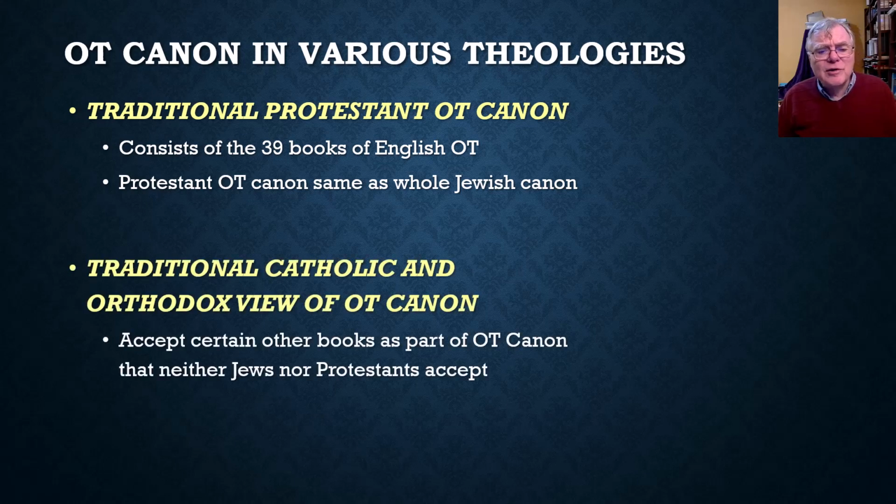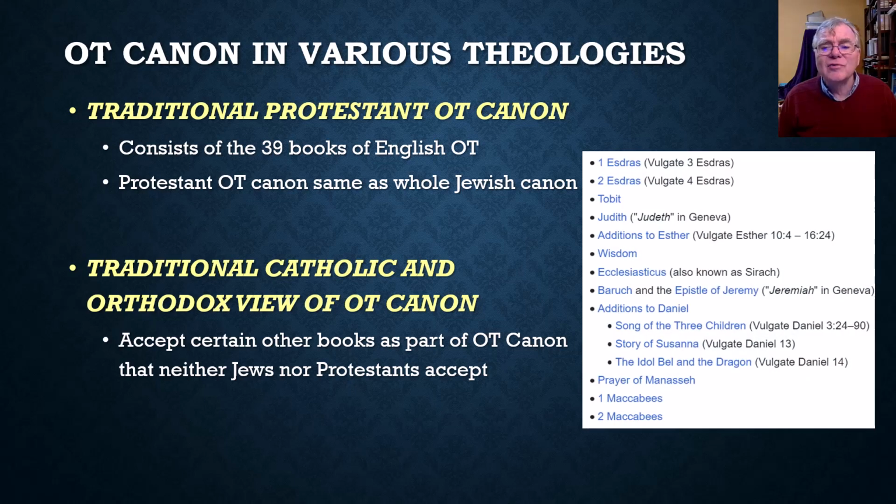But then there are traditional Catholic and Orthodox views of the Old Testament canon. And they differ from Protestants in that they accept certain other books as a part of the Old Testament that neither Jews nor Protestants accept. And these books are called the books of the Apocrypha.